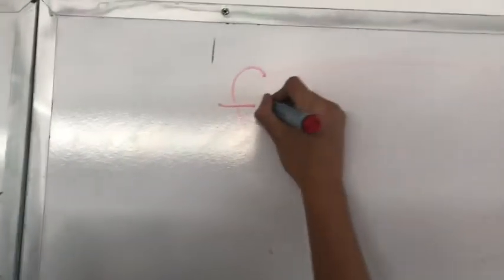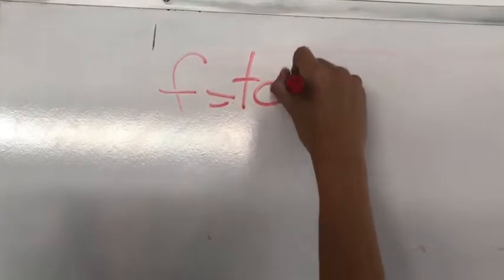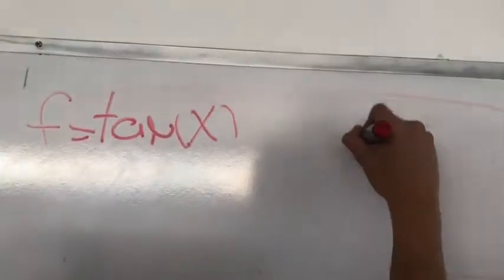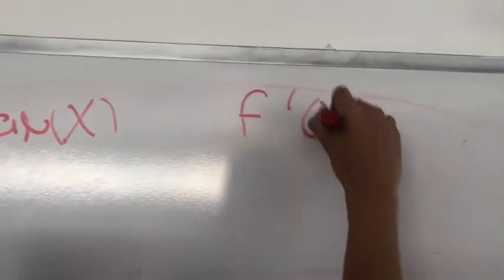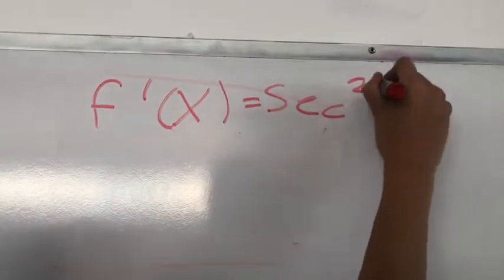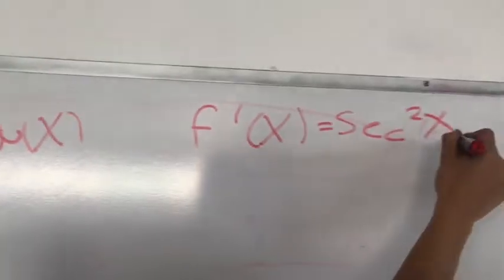Only this part, please. So I'm going to prove that the derivative of tan x is equal to secant squared of x.